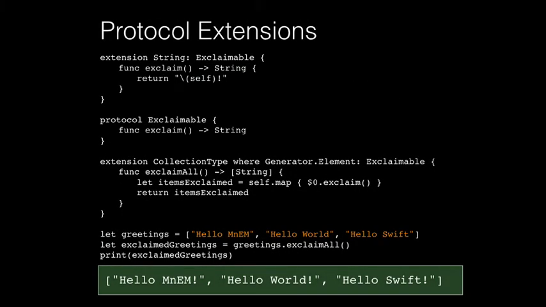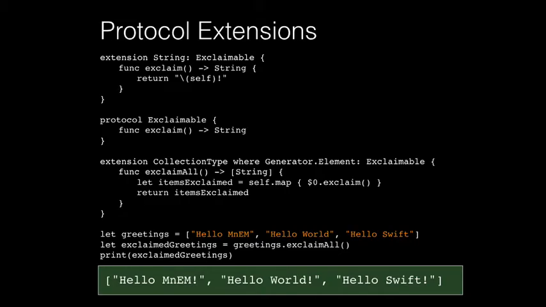So protocol extensions are something that there is really no equivalent to in C#. What this allows you to do is add an extension to a protocol, not to a class. So in my example here, I have an extension on string for exclaimable. You can take any string and call exclaim, and it'll just add an exclamation point to the end of it.